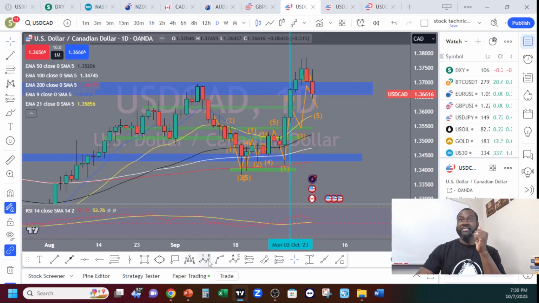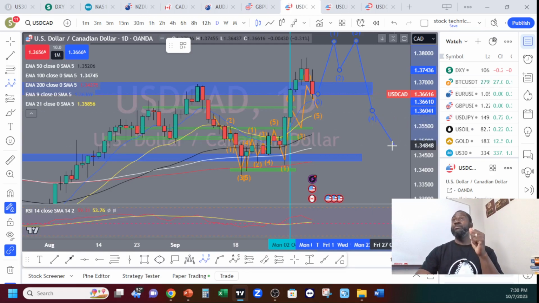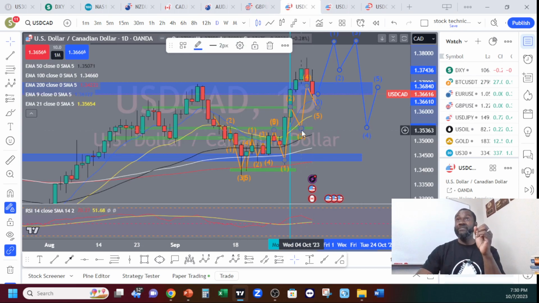So you can see where price is right now and what price might do. It looks like price is trying to do this. Either price is going to go here, come back to test here, come back here again, or come down here. Because remember, it's in a consolidation, and there is a level right here, a 4-hour level.